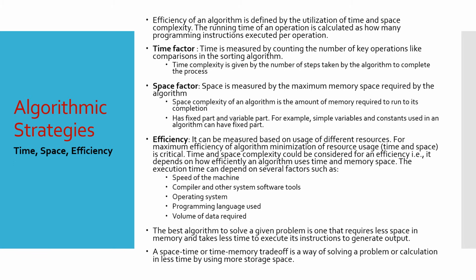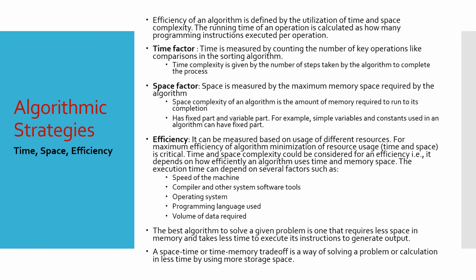And also the programming language sometimes helps to speed up some of these operations. And the volume of data depends on the type of data you are using as well. If it's a high volume, it takes time as well. So all these multiple elements make up the efficiency of an algorithm.